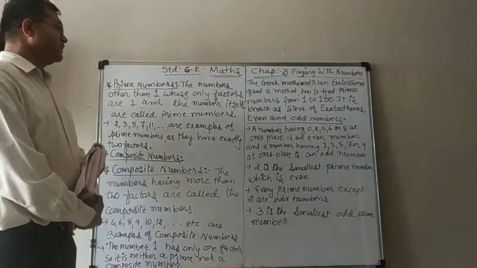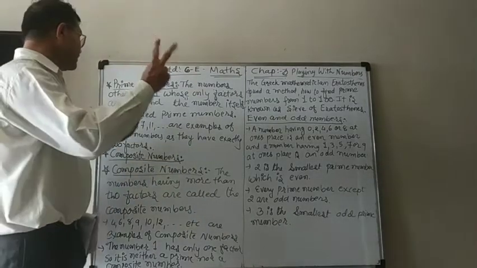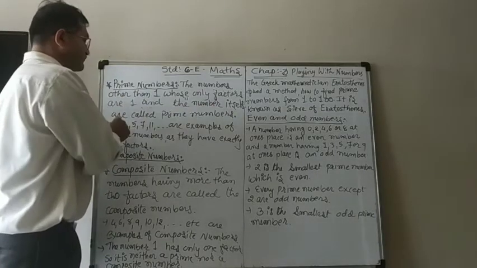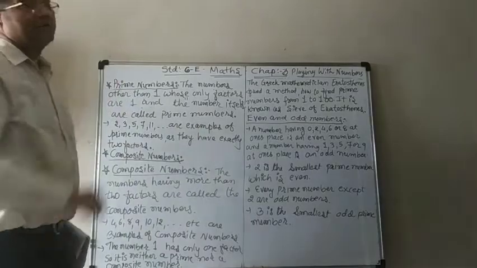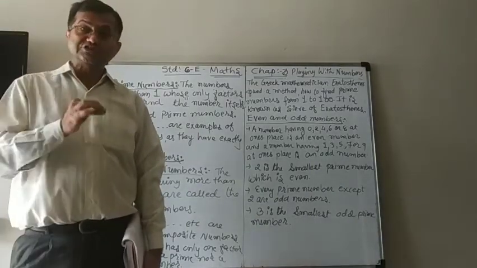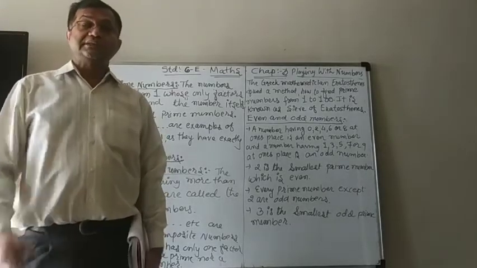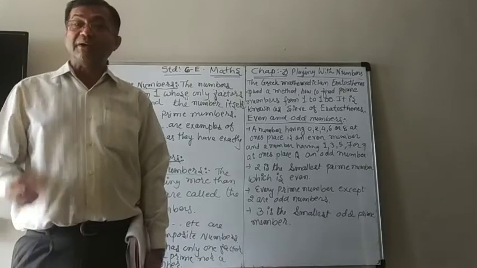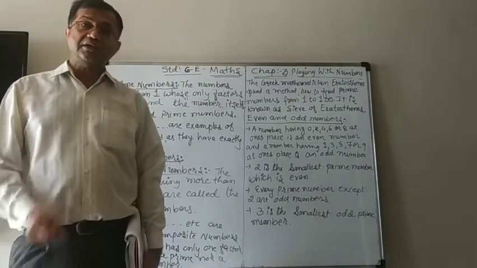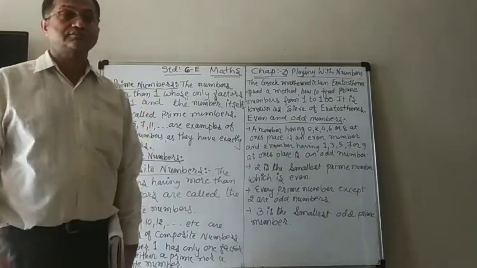Prime numbers: the numbers other than 1 whose only factors are 1 and the number itself are called prime numbers. When we make the list of all the factors of a number, if we find that it has only 2 factors, 1 and the number itself, it is prime.